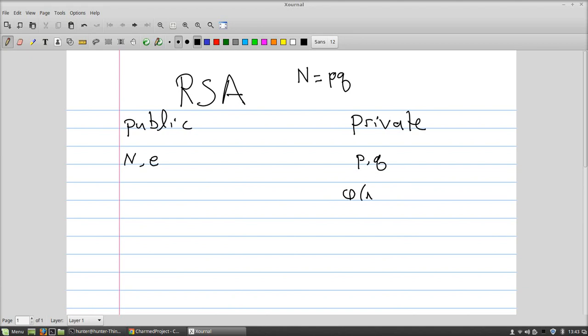Phi of n is equal to p minus 1 times q minus 1, because n is a product of those two primes. But nobody can know phi of n efficiently, it's thought, unless they can factor n and compute it that way.